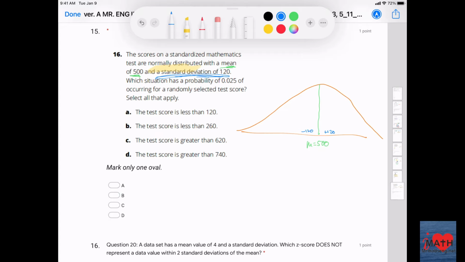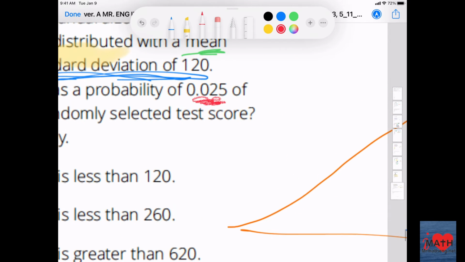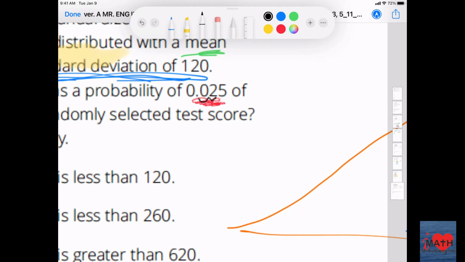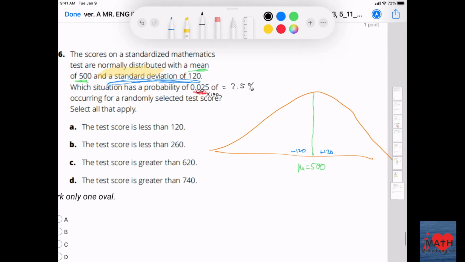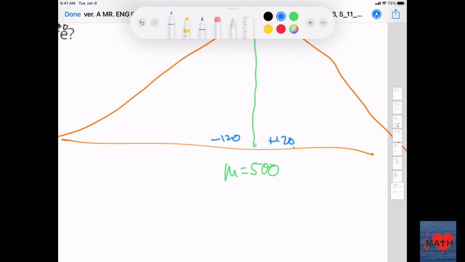Okay, so they want to know what 2.5, remember this, if you multiply this number by 100, you're going to get 2.5% parts out of 100. So let's go ahead and just mark up our picture here. This might help you. Okay, so this would be 620, 740, and 860.